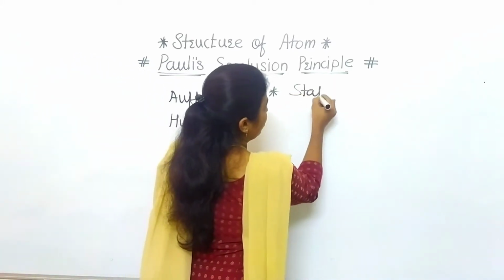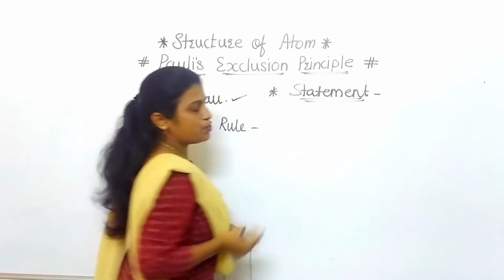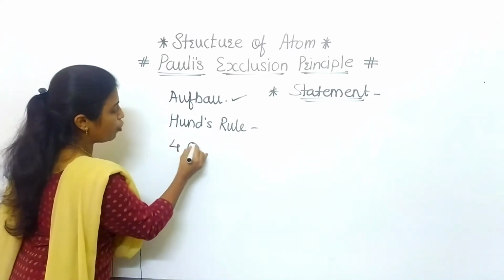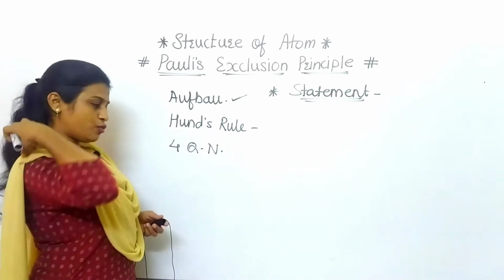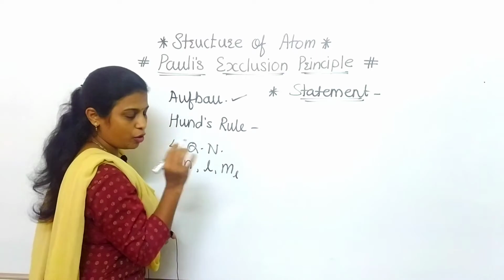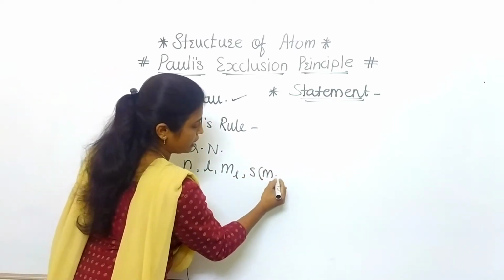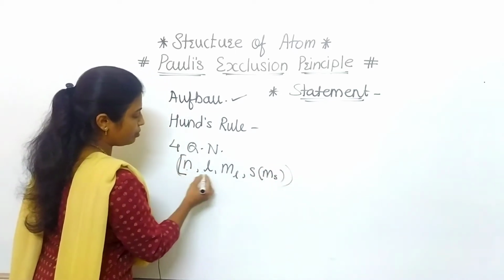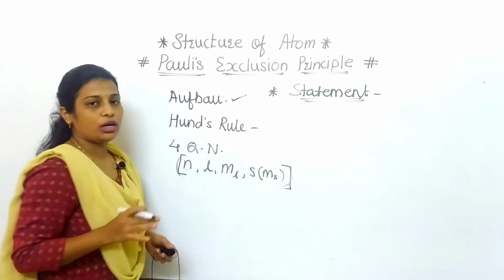So what is the statement of this principle? As we know, there are four quantum numbers: n, l, ml or m only, and the spin quantum number, also denoted as ms. This is the principal quantum number, this is the azimuthal quantum number, this is the magnetic and this is the spin quantum number.